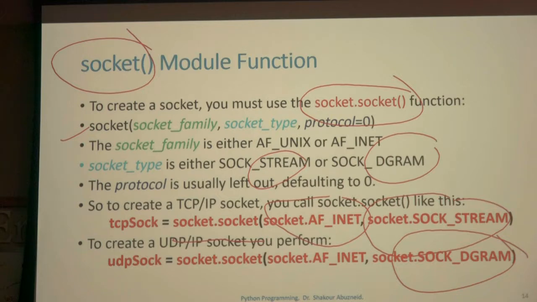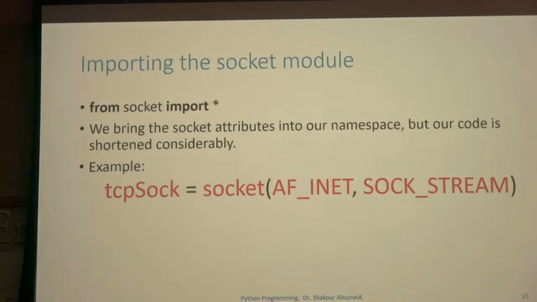It's just a function. How many parameters does the function have? Three. Two you must pass, and one is a default. You could change it, but there's a default. So by default, how many parameters do you have to pass? Two, because the third has a default.